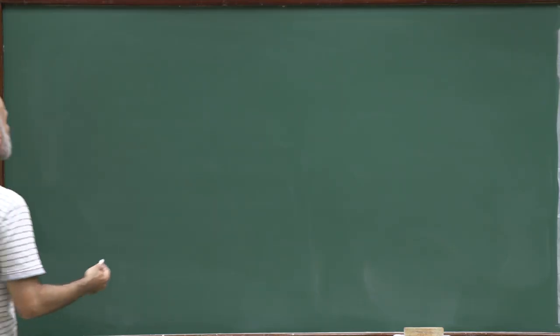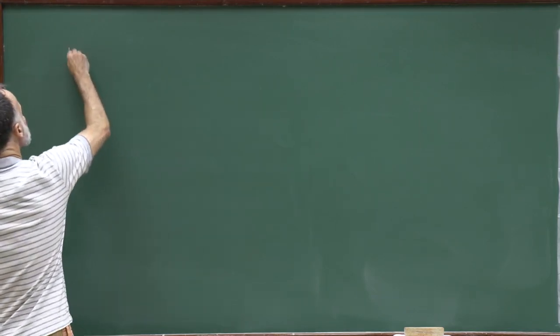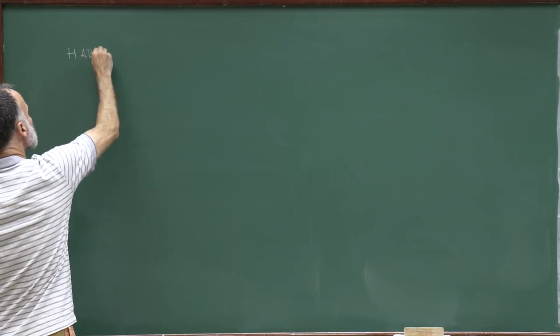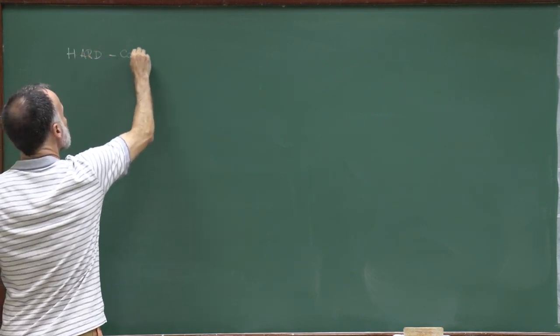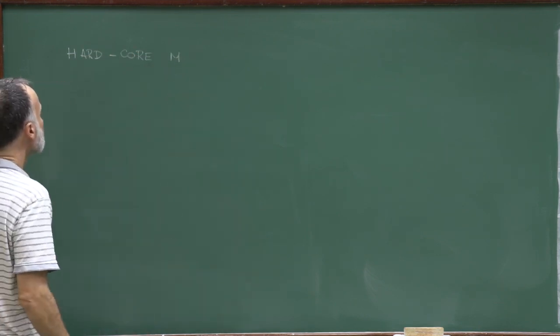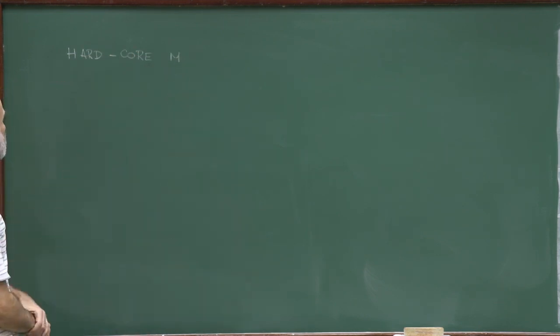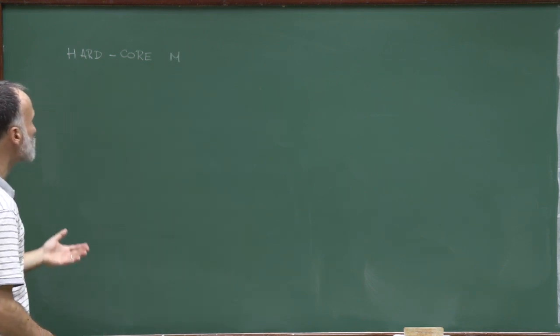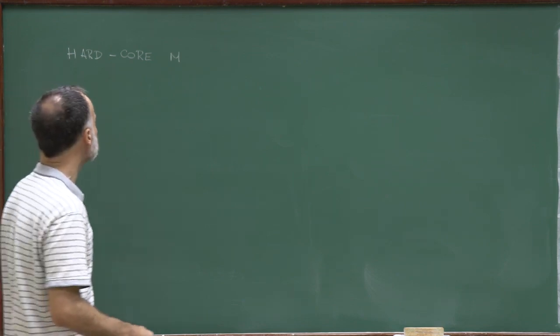In order to give you a precise idea, let me go back to the hardcore model. In this hardcore model, I want to define a Markov chain which is aperiodic, irreducible, and whose invariant measure is the uniform measure.